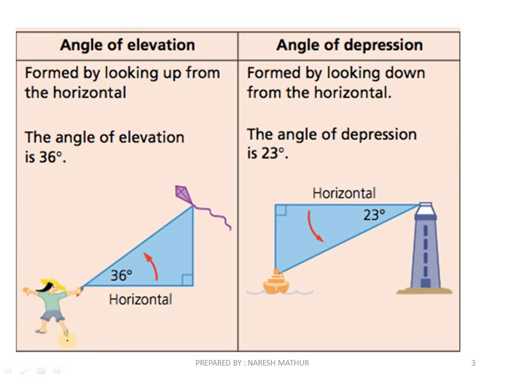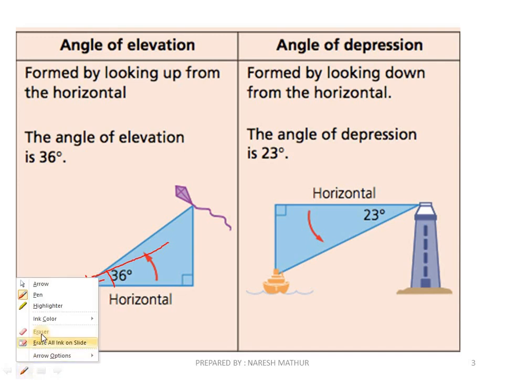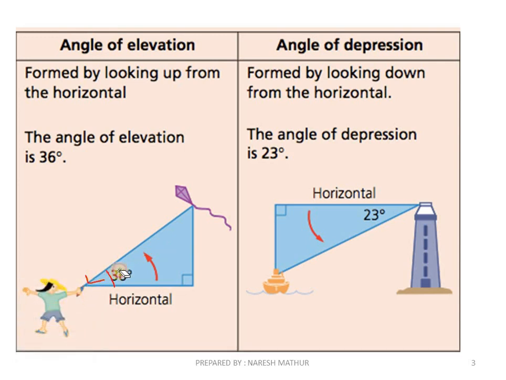See here, here is an observer and here is an object which is above the surface level or horizontal level. Then the angle between the horizontal level and his line of sight is called the angle of elevation.